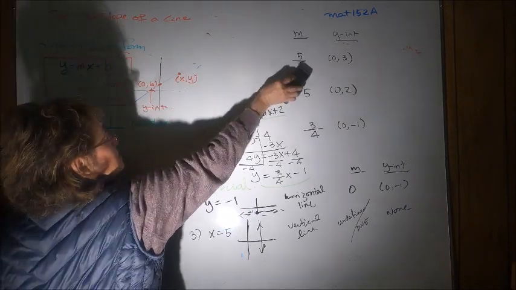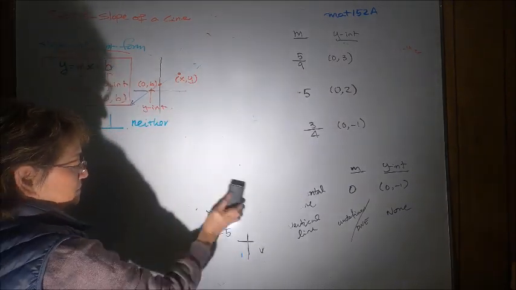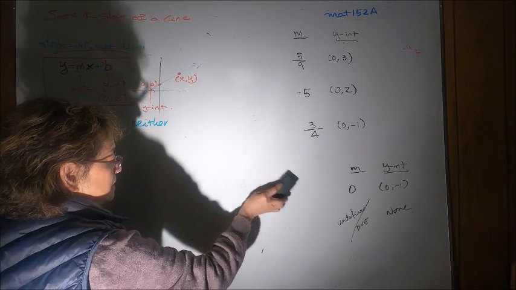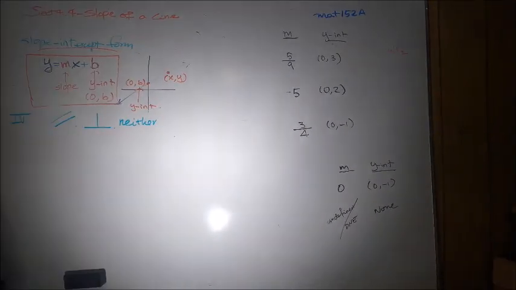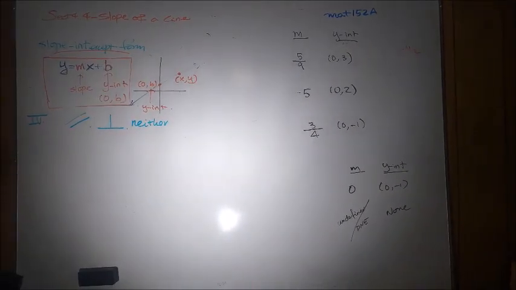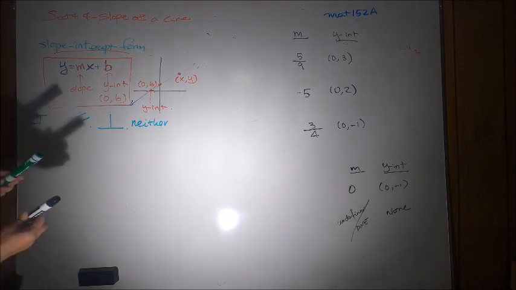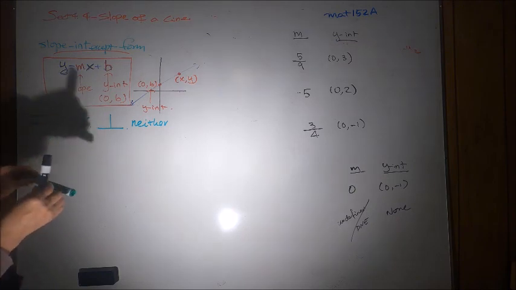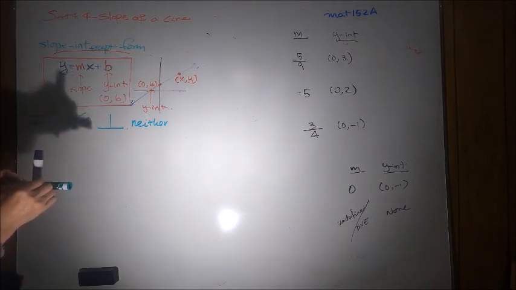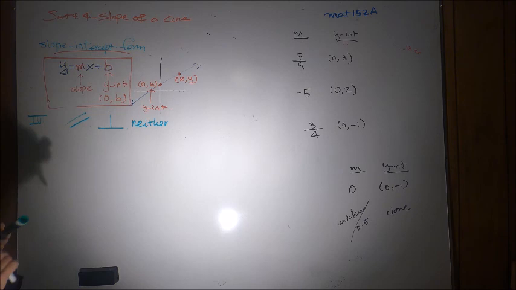So it goes like a line. And we see how two lines are related to each other. So they might be what? Parallel, they might be perpendicular, or neither, right?